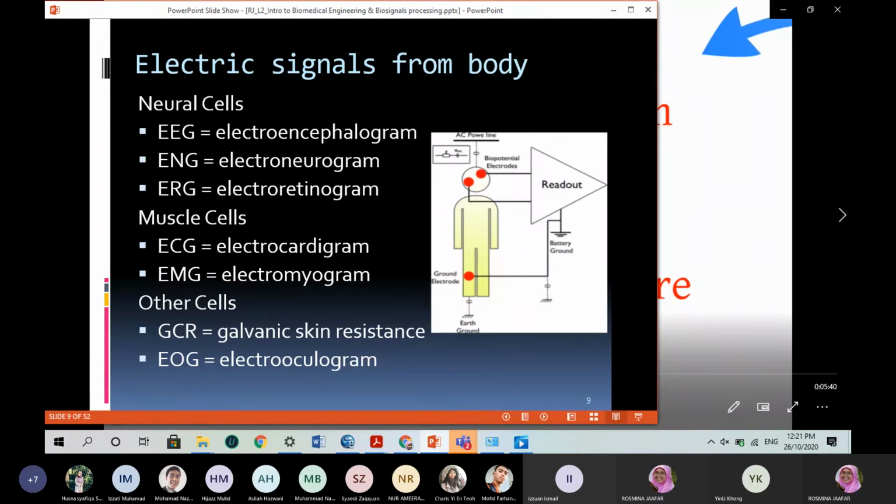You know that when there is a potential difference between 2 points, you can measure the signal difference. So the basics of measurement of electric signals from the body is always differential measurement, whereby you need to have at least 2 electrodes, but for safety reasons, we always have 3 electrodes placement, be it EEG recording, be it ECG recording, any kind of electric measurement, at least 3 electrodes.